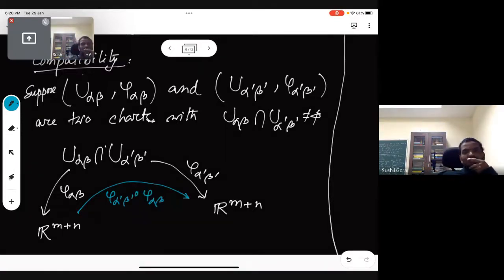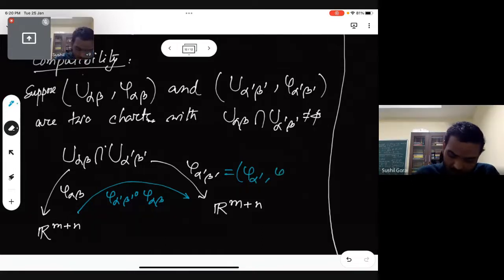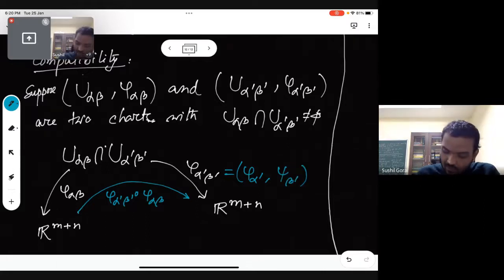Now what is this map? Can you write it properly? What is this map? How does it look like? So what is this map? Psi alpha prime, psi beta prime, right? And this maps to R^m cross R^n.